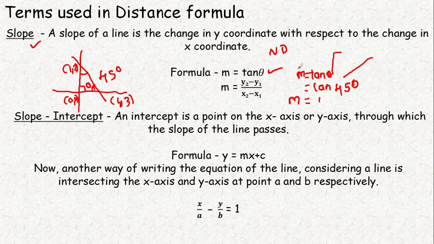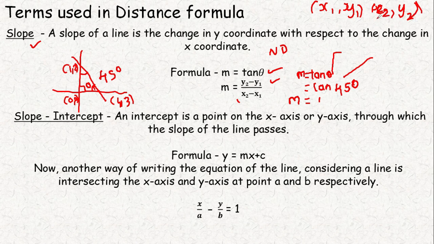Otherwise, if they did not give an angle but they gave 2 points, write the 2 points. Let these be the 2 points, x1 and y1, and x2 and y2.